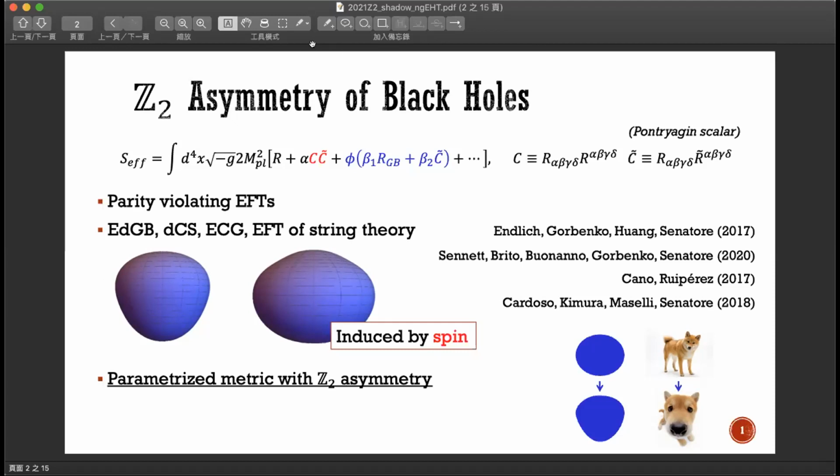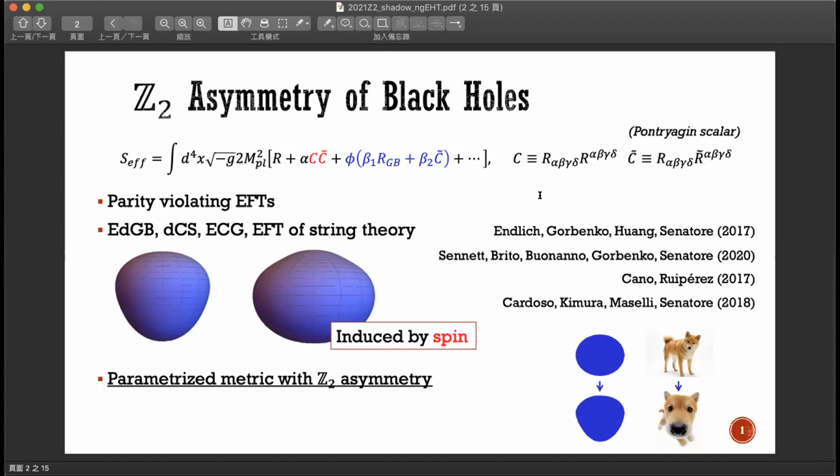For example, if you consider an effective field theory of quantum gravity including couplings of the Pontryagin scalar with other higher order curvature interactions, or coupled to other dynamical scalar fields, then the rotating black hole solution of this theory would naturally lose its Z2 symmetry. Such a violation of Z2 symmetry is usually induced by the spin of the black hole because of its close relation to the Pontryagin scalar, as I mentioned above.